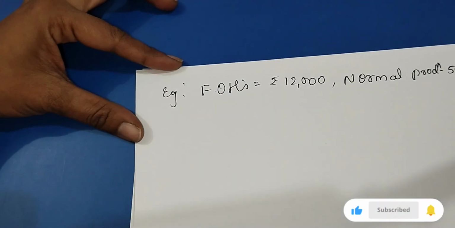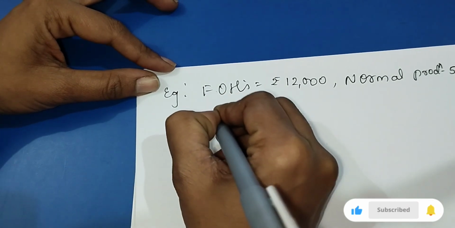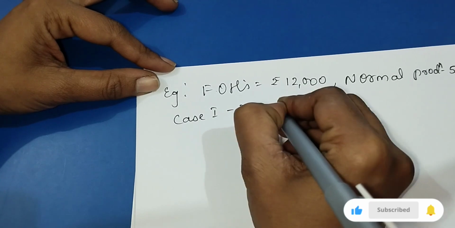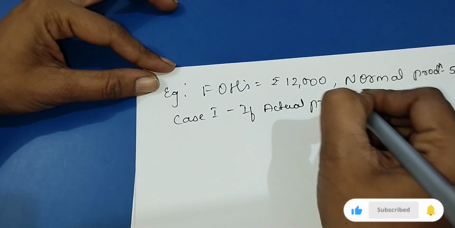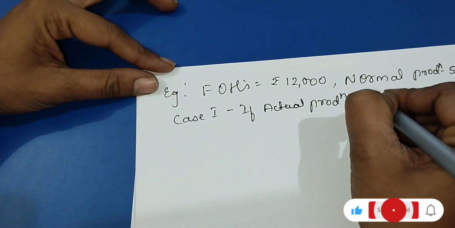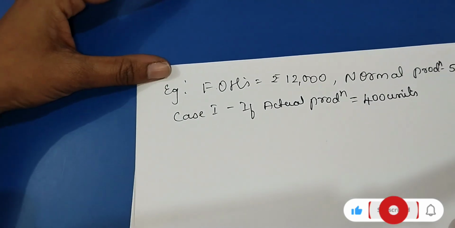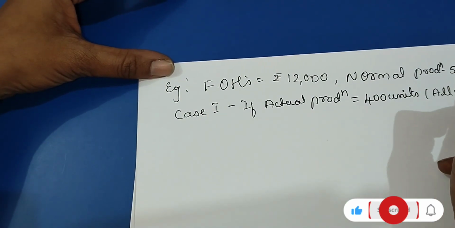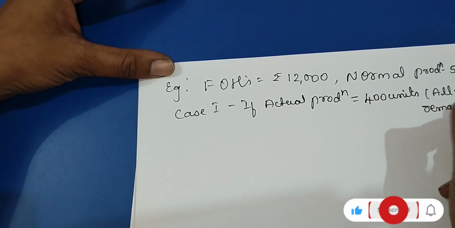We have two cases over here. The case one is if actual production is 400 units ಇದ್ರೆ, all units remain unsold.